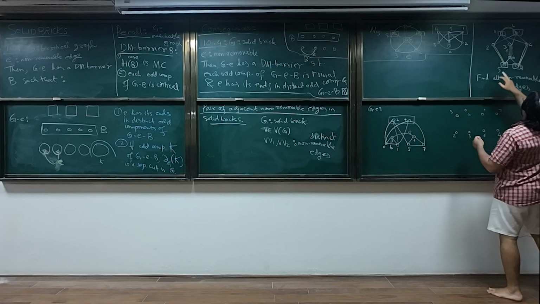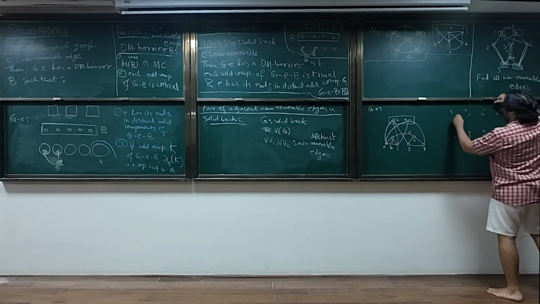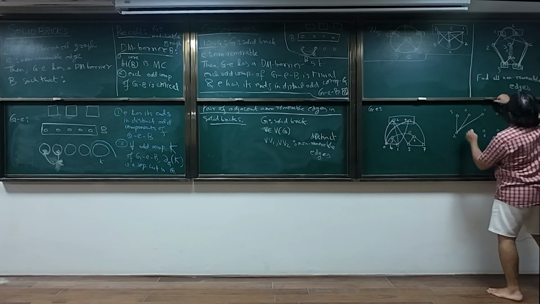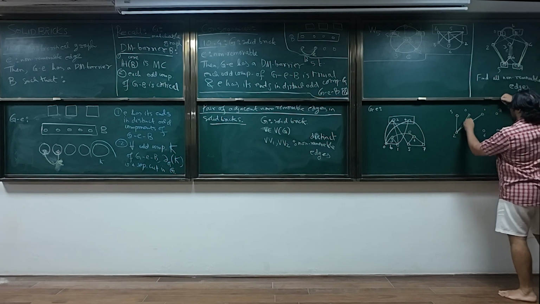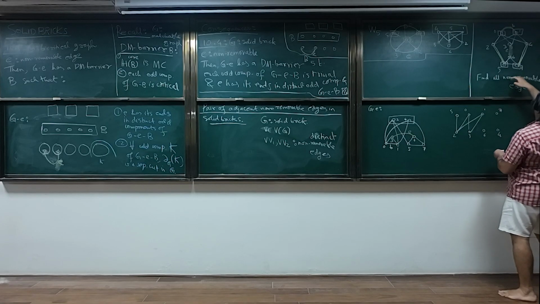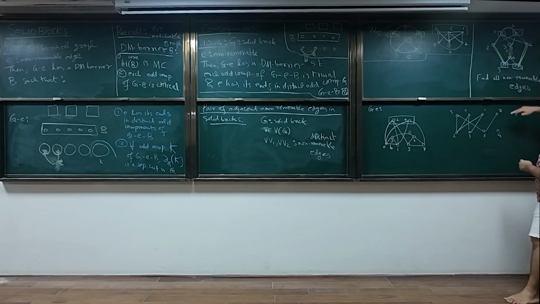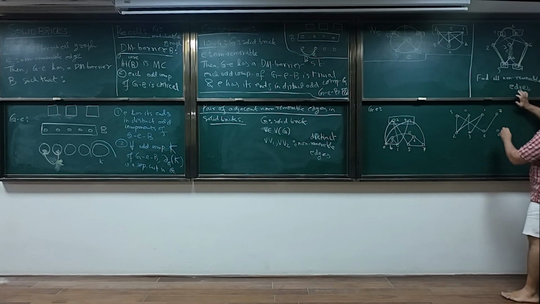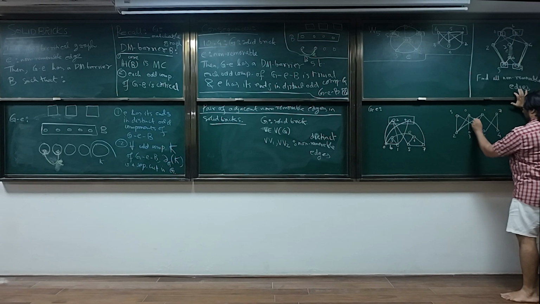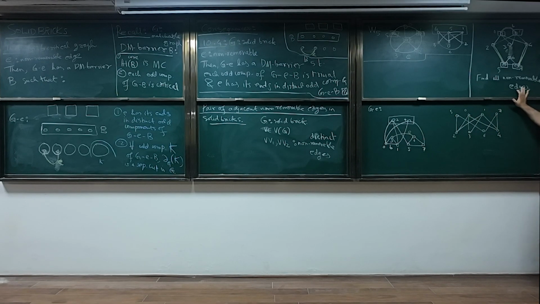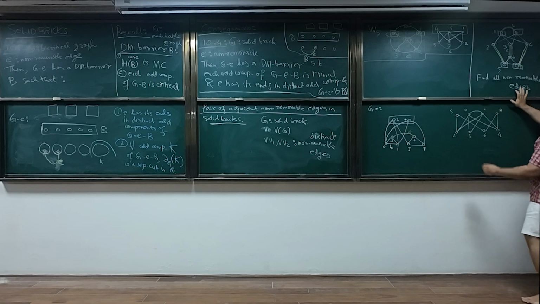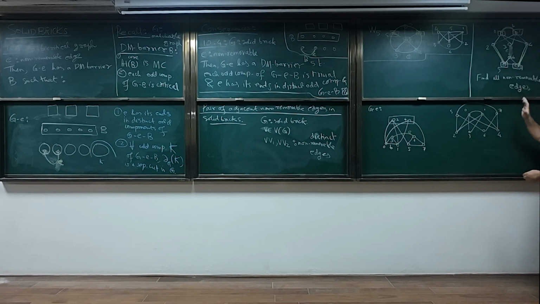Let me draw the bipartite graph. 2 has edges to 0, 1 and 5. 3 to 0 and 1. 6 to 5 and 7. And 4 to 0, 1 and 7. That's the bipartite graph. Let's draw the other edges. 0 and 1 are adjacent. 5 and 7 I believe are adjacent. And the edge we removed is 3 to 6.